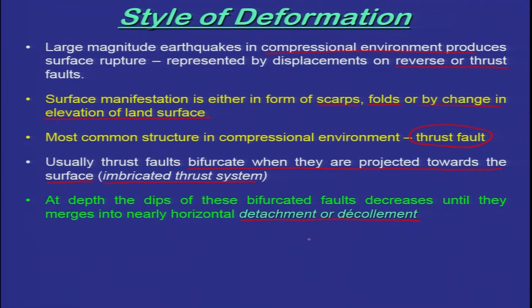So the imbricated faults are coming and merging along an almost horizontal plane, and that is your detachment. This imbrication merges along a very low angle or almost horizontal plane, termed detachment, and this is very common in the Himalaya. So the folding you will be able to see will be along this one.